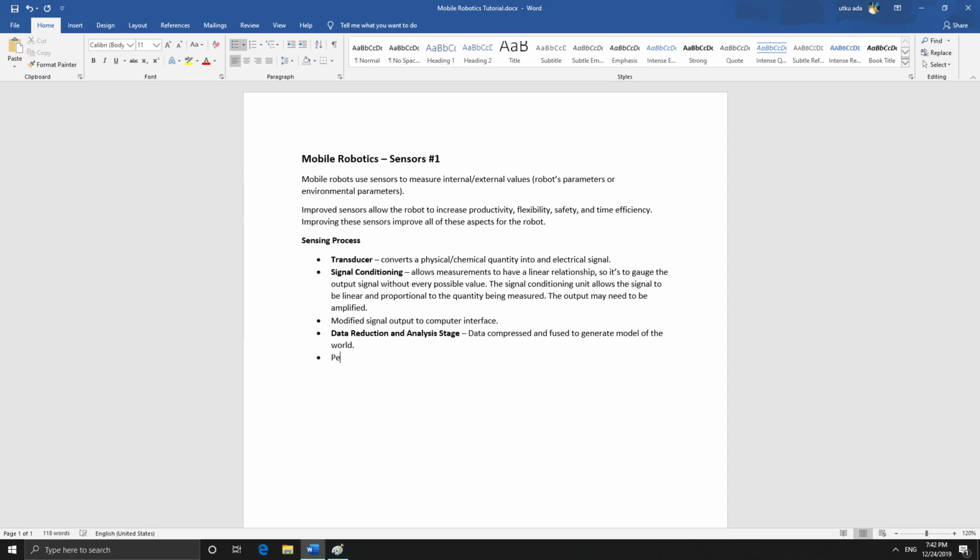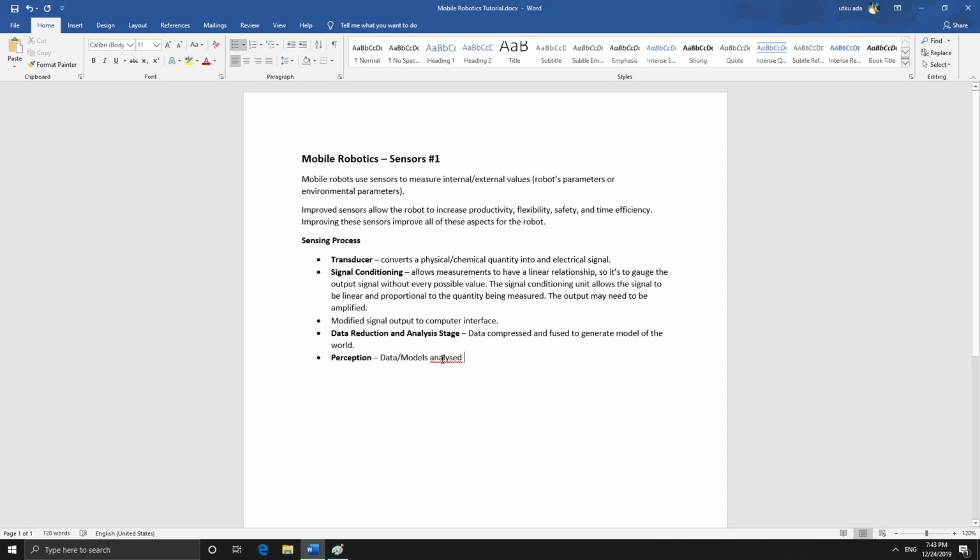And finally, we have the perception stage, which, as you may guess, is the stage in which the robot analyzes all of this data, all of the models, so the robot can understand its surroundings, basically.